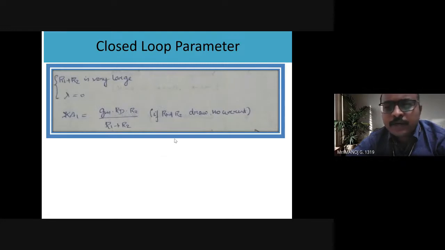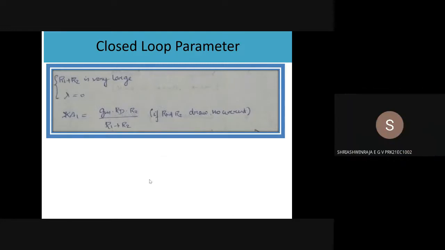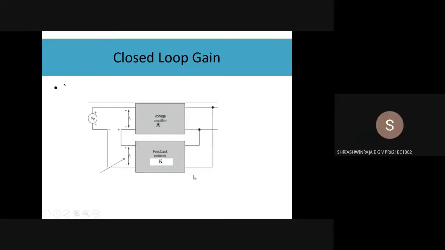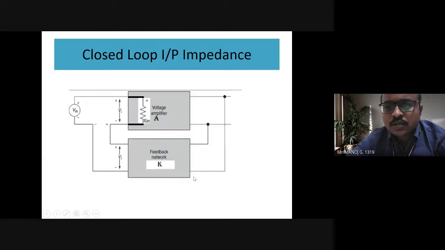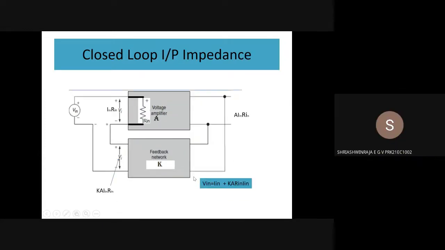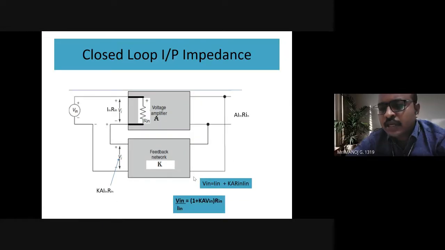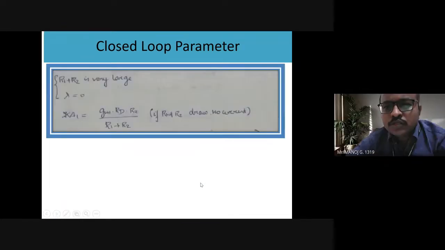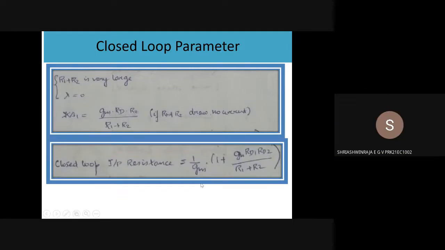What is the next parameter? Input impedance. How do you calculate the input impedance? You know the expression: your input impedance should be 1 plus K into A into V in, into Rn. Now you should know what your Rn is.